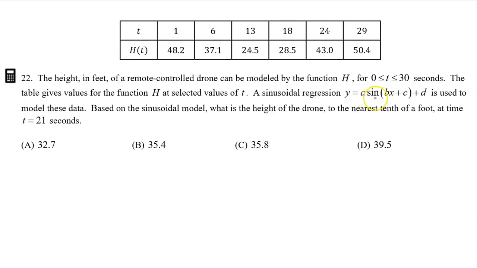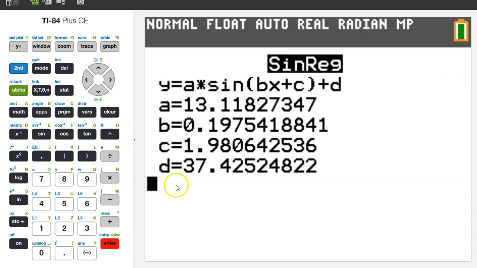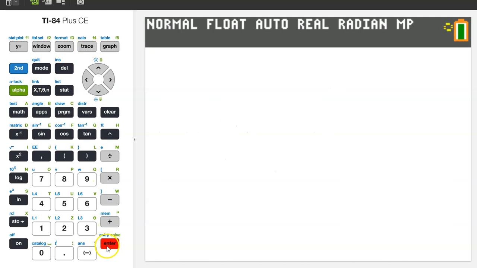We are using the regression model to estimate the height of a remote-controlled drone at time t equals 21 seconds. So we need to evaluate y1 at 21 on the calculator. We can pull up y1 by hitting Alpha, Trace, Enter.